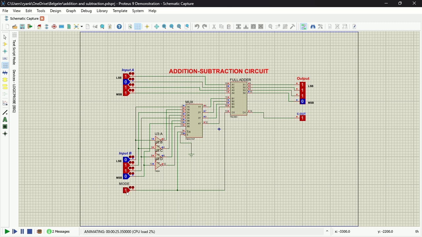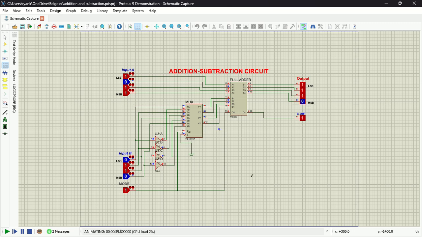What is 13 minus 6? 7, right? Since this is a subtraction operation, we do not consider the carry output. We only look at our output. So 13 minus 6 gives us 7, which is 0, 1, 1, 1.